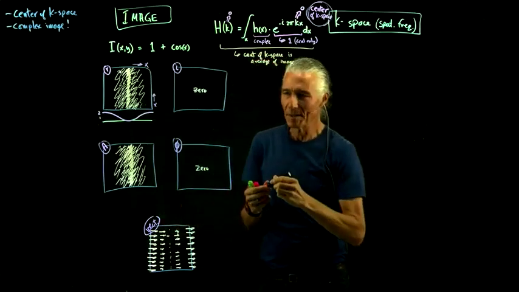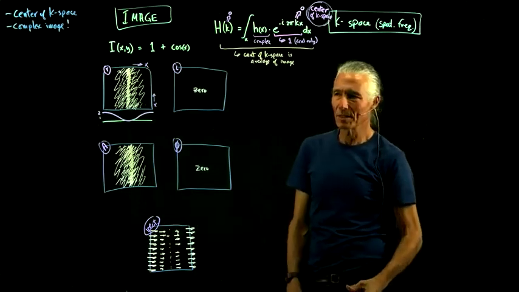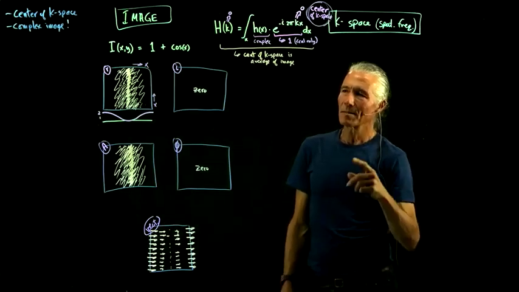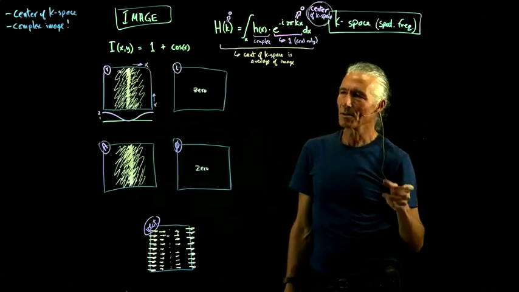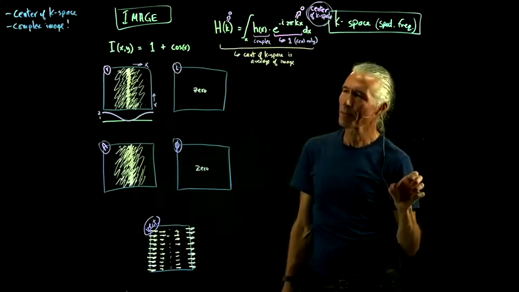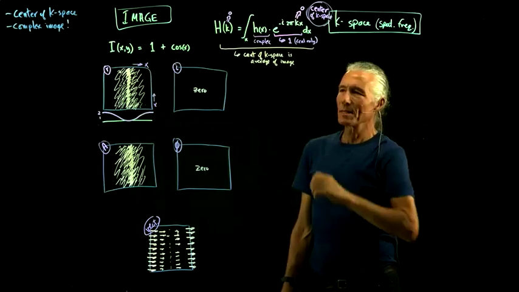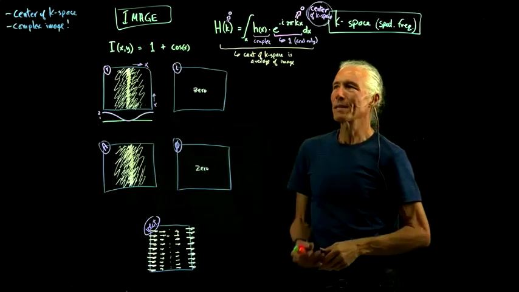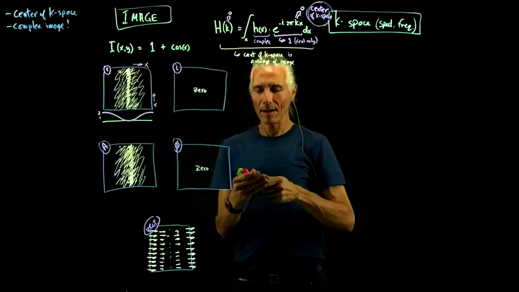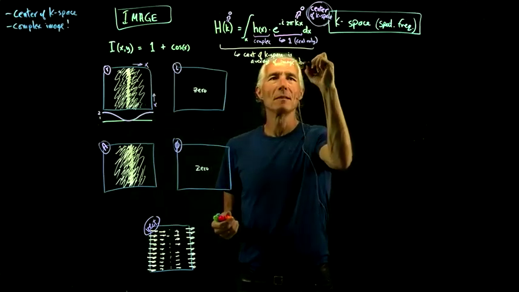Now that could be a complex average, in which case we have to add up vectors, and you might end up with a vector. But it's going to be the average brightness of the image.